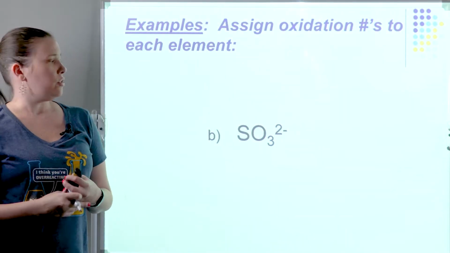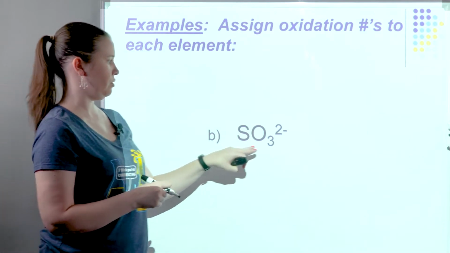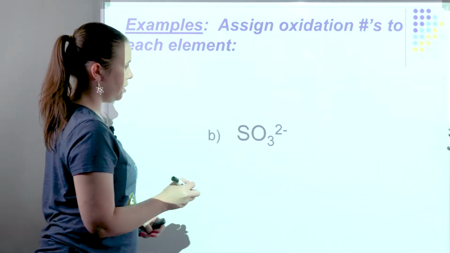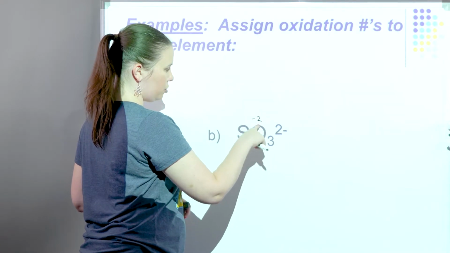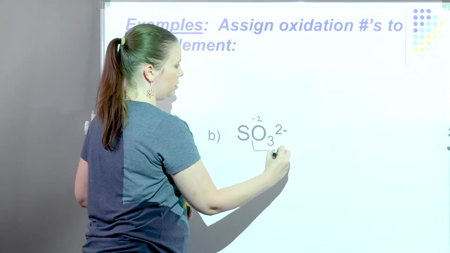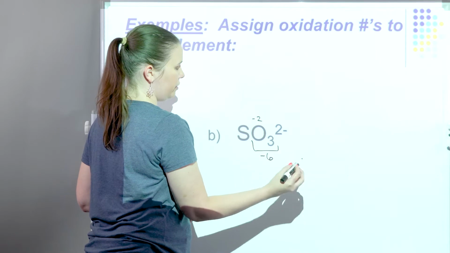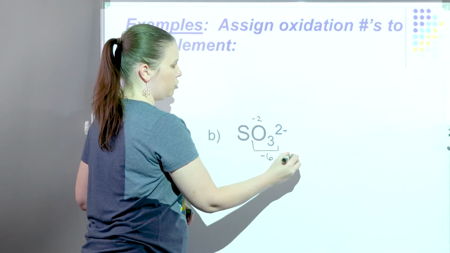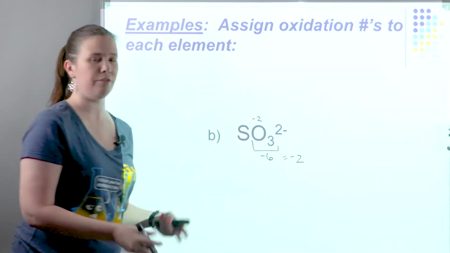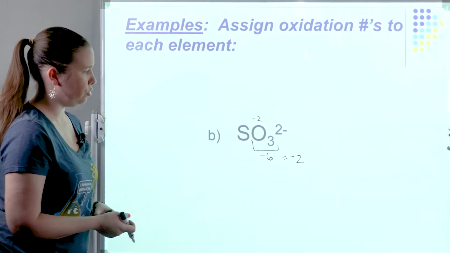Let's look at the SO3 ion. So this is sulfite because it has 1 less oxygen. So I would start with the rule for oxygen having -2, but this time I have a total of 6 negative charges. But remember, when you change to the different types of ions, the charge still stays the same. So sulfite, just like sulfate, has a -2 charge.